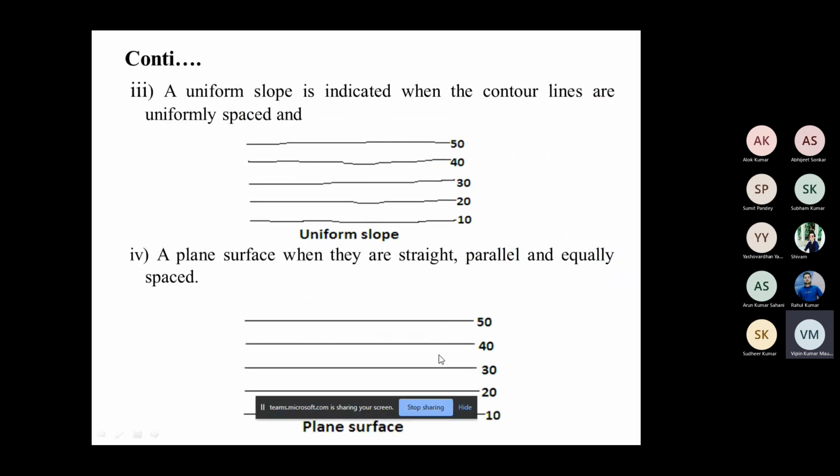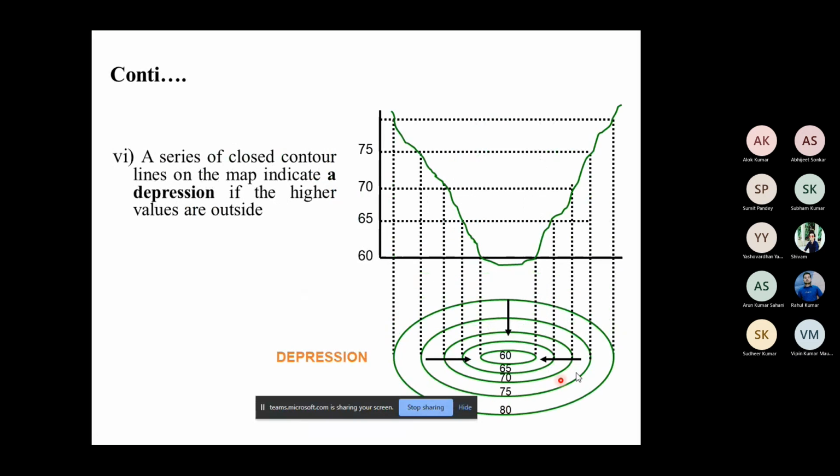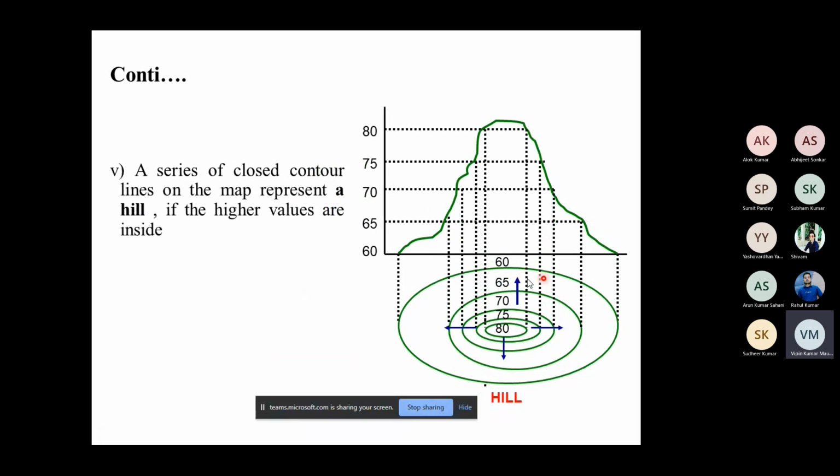There is one more very interesting option. If you see a series of closed contour lines on the map representing a hill, the higher values are inside. If you are looking at the contour and you see that the circles are getting smaller and the value is increasing, then definitely it's a hill.